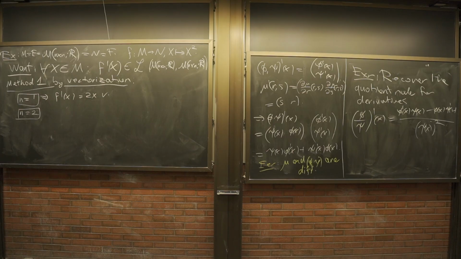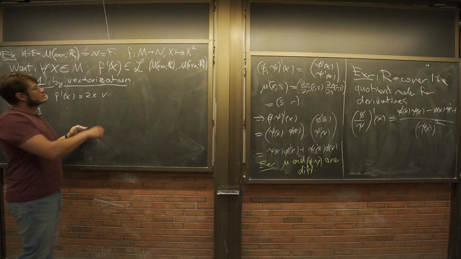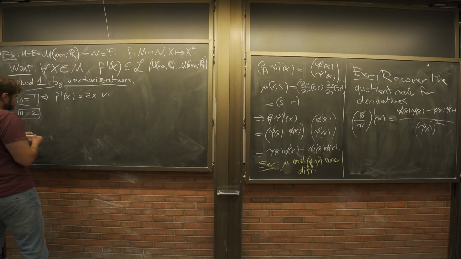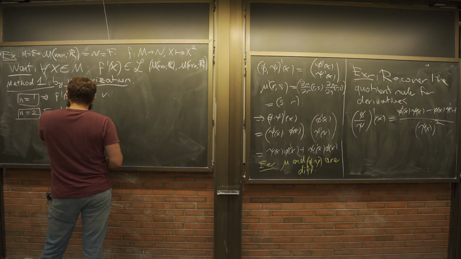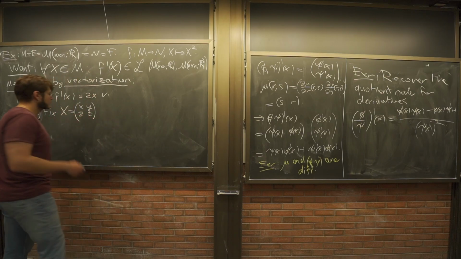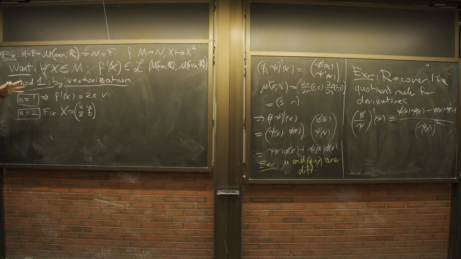First, we need to fix an x. So now everything's 2 by 2. Fix x, which is x, y, z, t. It's a 2 by 2 matrix. By vectorization, I'm going to pretend that this is nothing but the 4 by 1 matrix x, y, z, t.